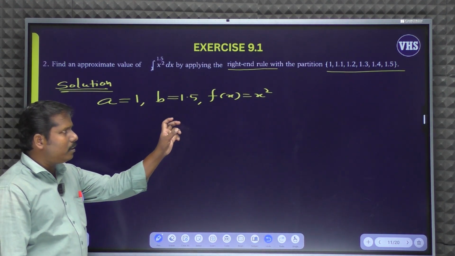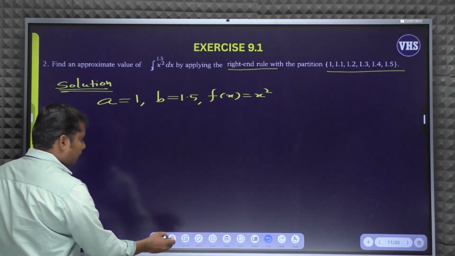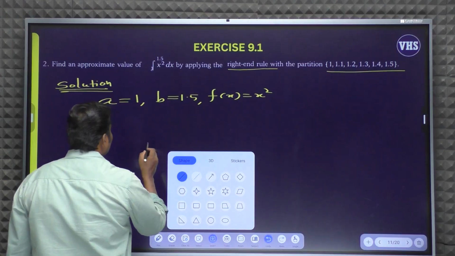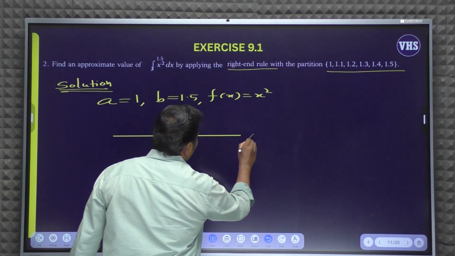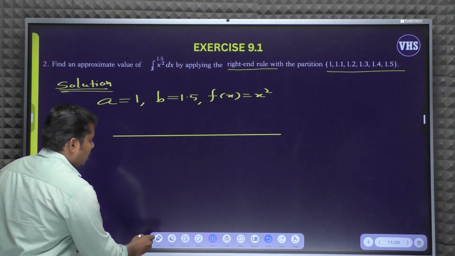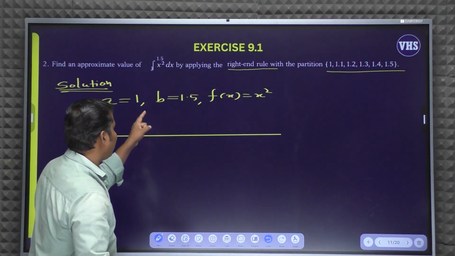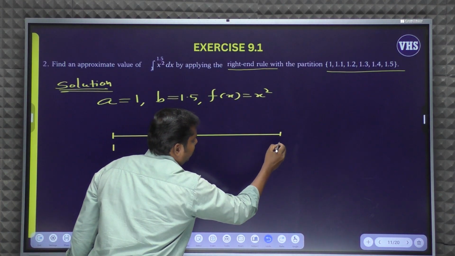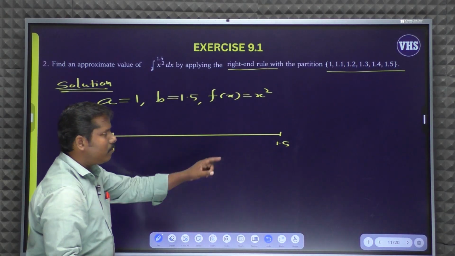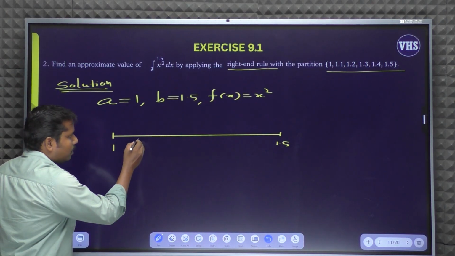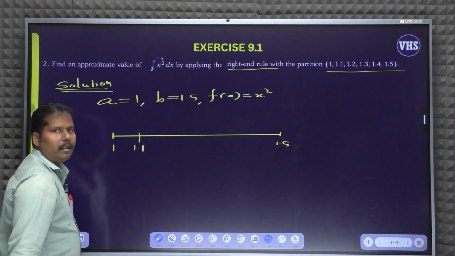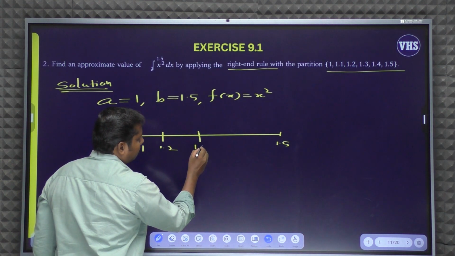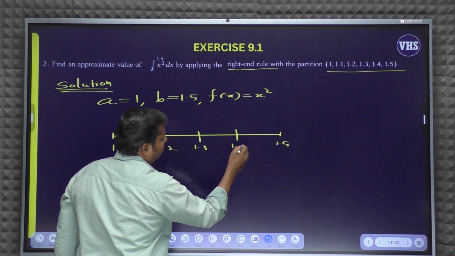For that we need to go for the real line. Let us take a piece of real line like this. So the partition starts with what? 1. It starts with 1, ending with 1.5. What are the elements given in the set there? 1.1. Roughly you can plot 1.1 here, then 1.2, after that 1.3, and finally 1.4.